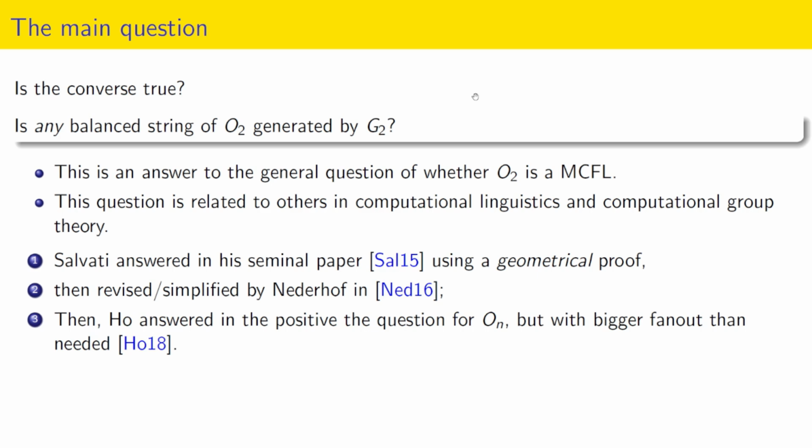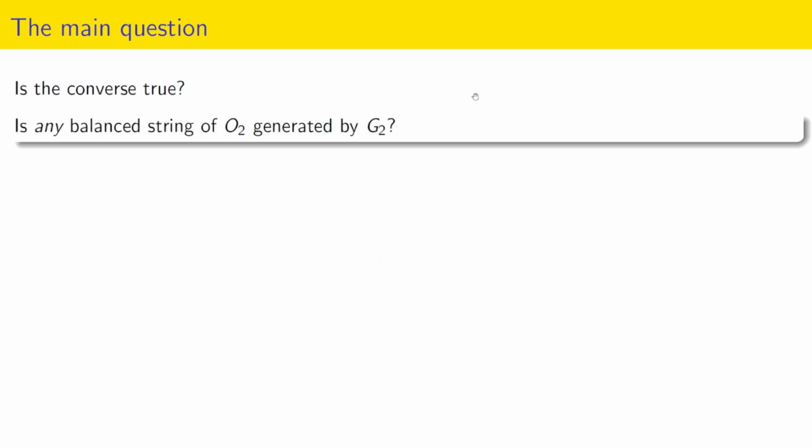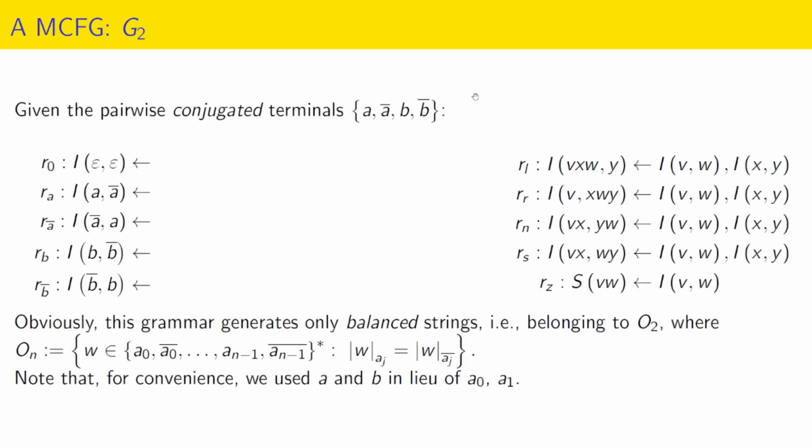And then, after some years, Hall managed to generalize the proof to ON, but with bigger fan-out than needed. So the fan-out is just the term for the arity of the predicate, right? So fan-out is the number of arguments that each predicate can take.